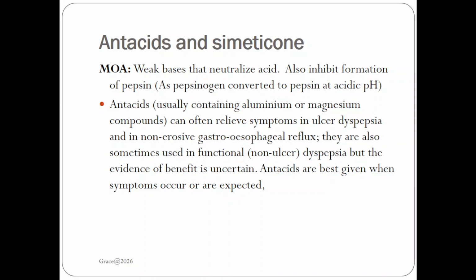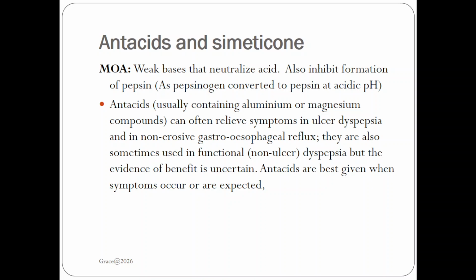Also, we see that it inhibits formation of pepsin. Pepsinogen is converted to pepsin at an acidic pH. So now, when we give your patient these drugs that are neutralizing the pH, pepsinogen cannot be converted to pepsin, and as a result, you may find a reduced production or concentration of pepsin.